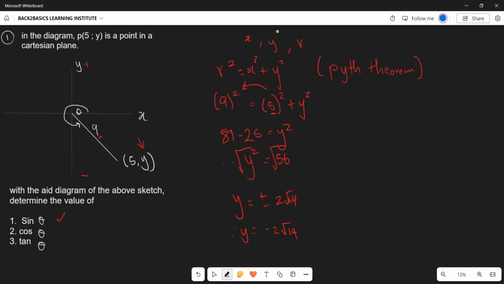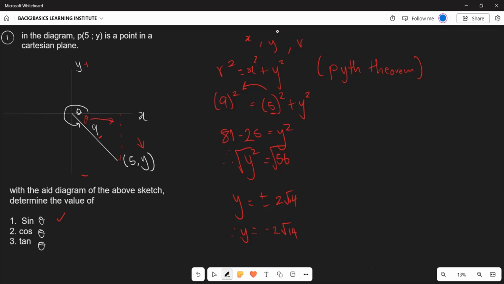Number one, they want you to find your sine of theta. For you to find the ratio of sine theta, you come back and check. If this is your theta here, what is your sine theta?